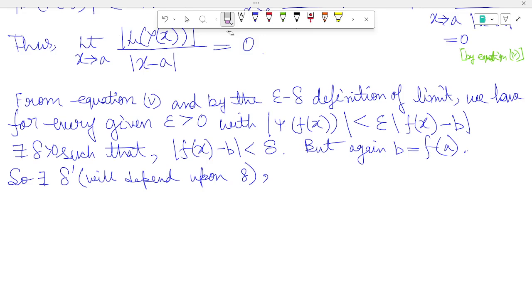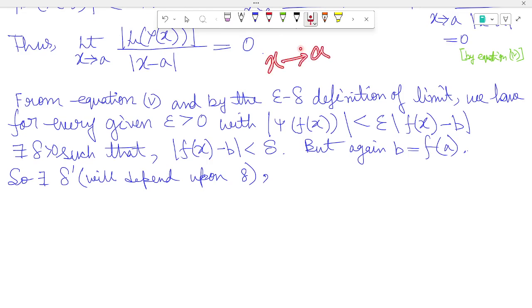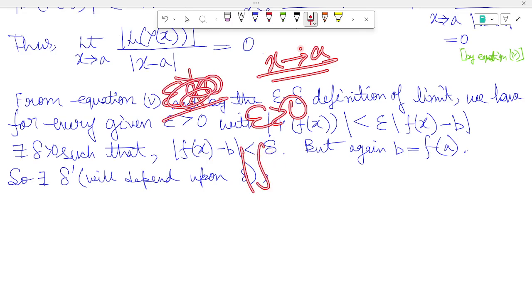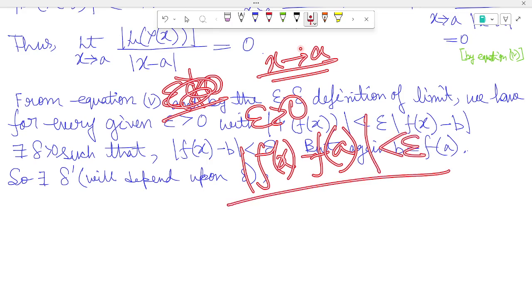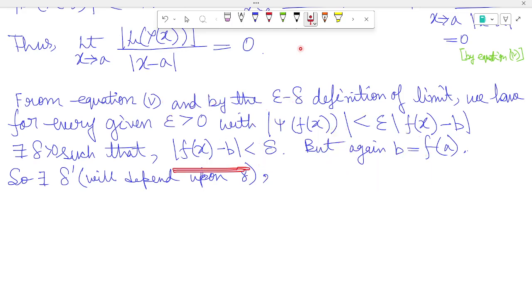This is the limit definition, right? What is the limit definition? The definition of limit, or continuity, says f is continuous at a if for every positive epsilon greater than 0, |f(x) minus f(a)| less than epsilon, there is a delta depending on epsilon such that |x minus a| less than delta. So we are applying the same thing here. b is f(a), by the classical definition.